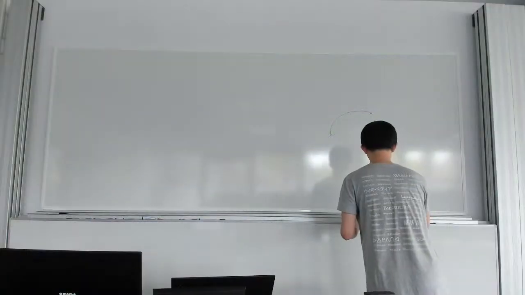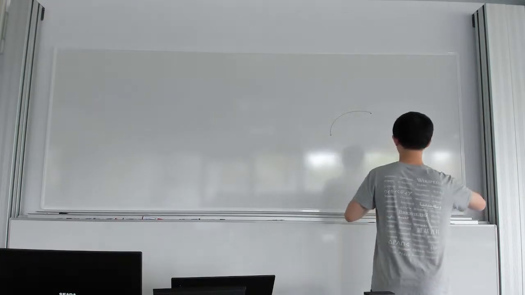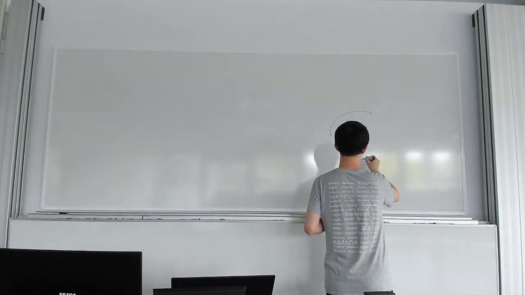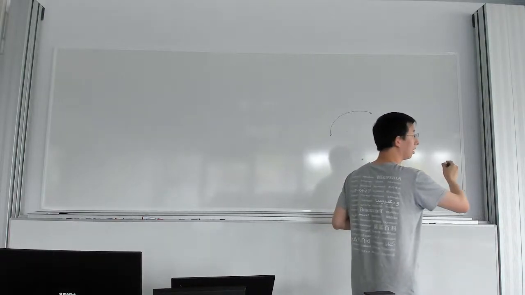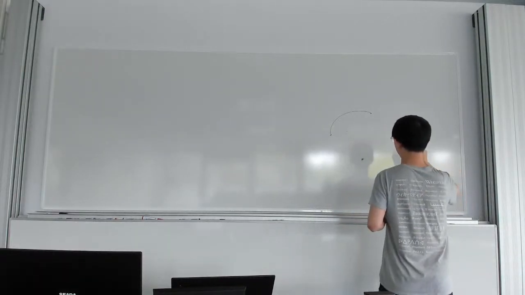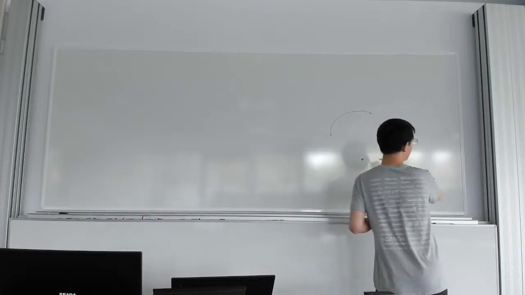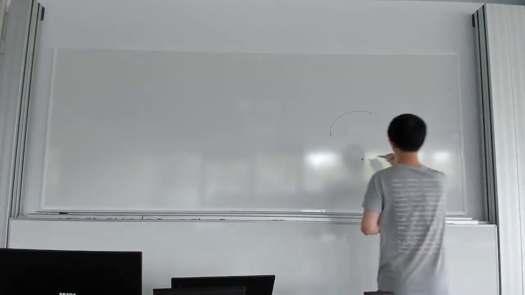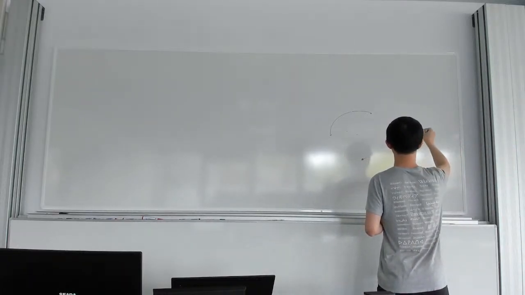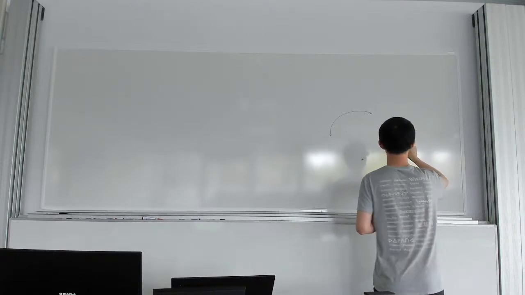Your original state is somewhere here, and from this state, evolved by that unitary operator, you can evolve to some state parameterized by theta, right?